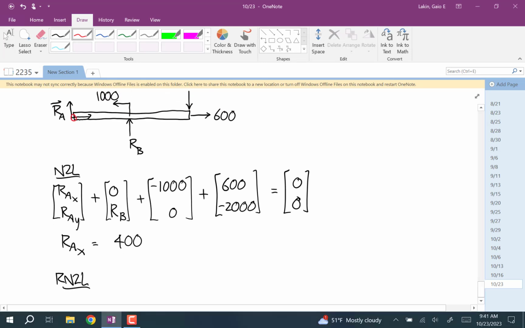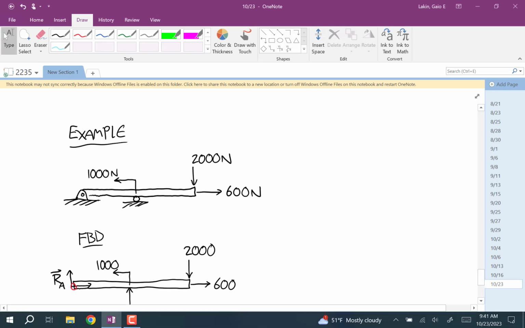And I'll put my about point here. Does the 1,000 Newton force produce a moment? I mean, it's a little hard to tell maybe if you're not used to that notation, but that 1,000 Newton force is just acting right along the long axis of the beam. So that doesn't produce a moment. The RB does. Oh, I didn't give any lengths.